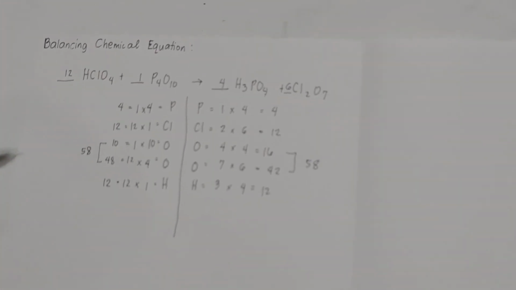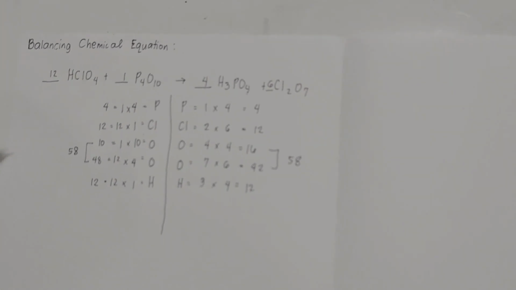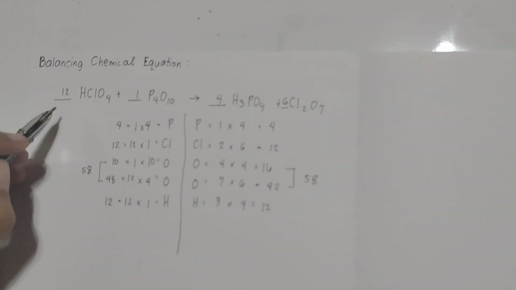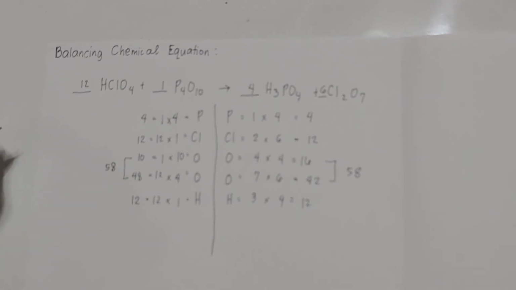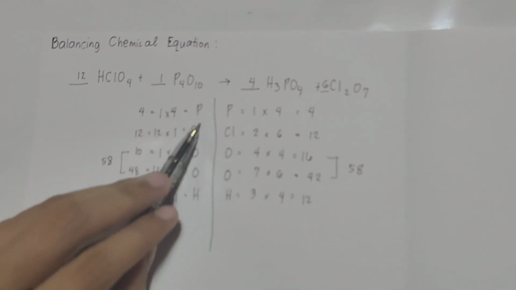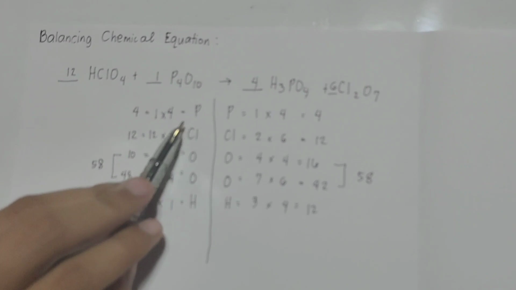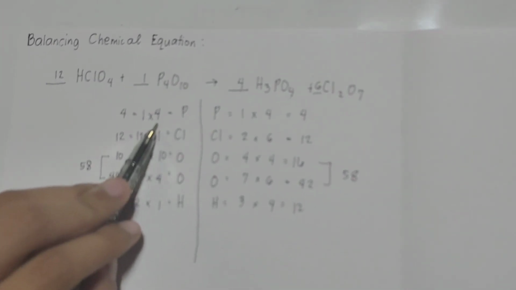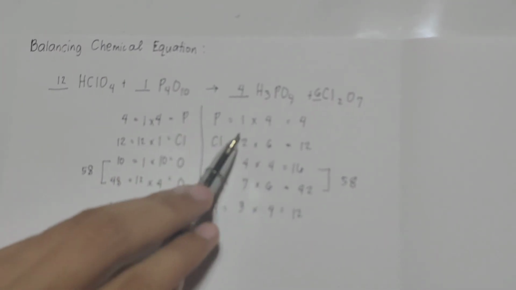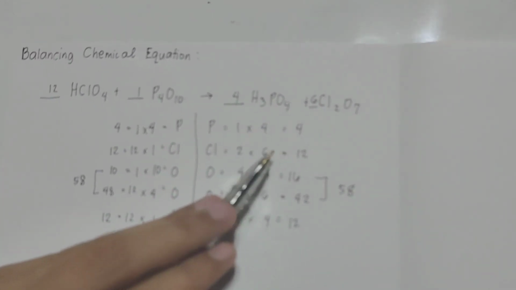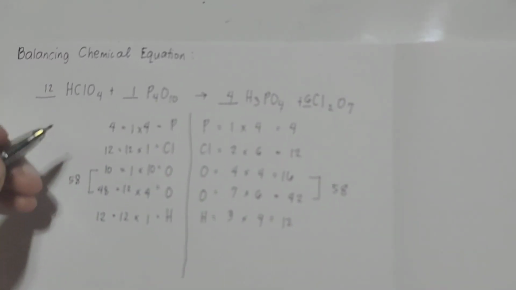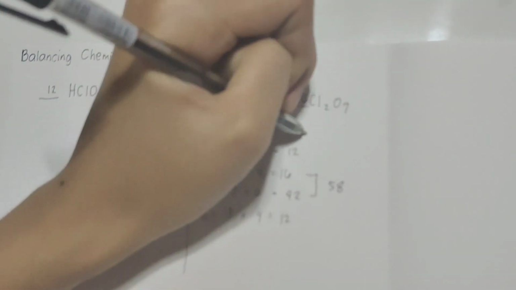After balancing and adjusting the coefficients, let's check each atom to be sure that the equation is correctly balanced. Let's start with phosphorus. In the reactant, phosphorus is equal to 4 times 1 is equal to 4. And on the product side, we have 1 times 4 is equal to 4. So check. Next, we have chlorine.